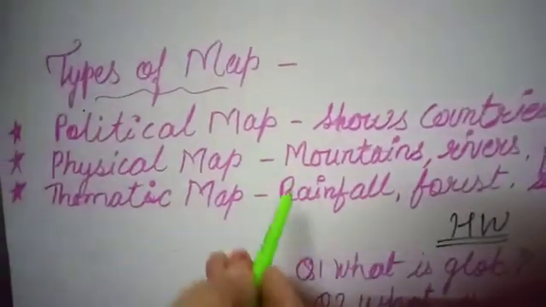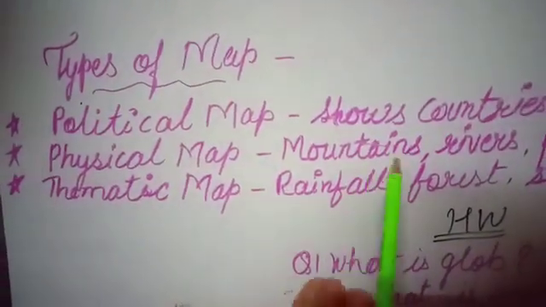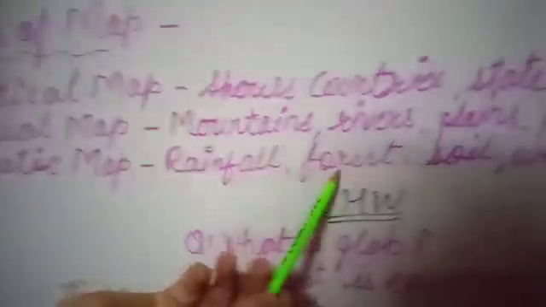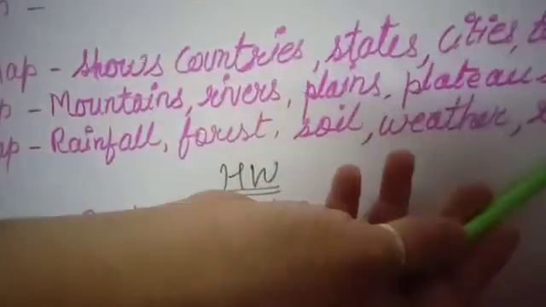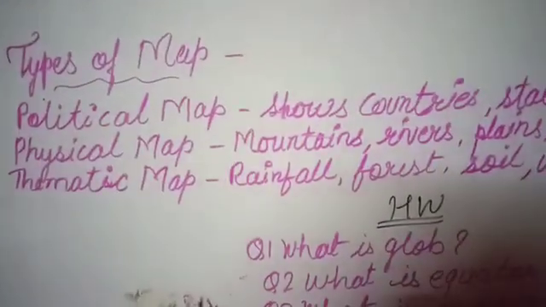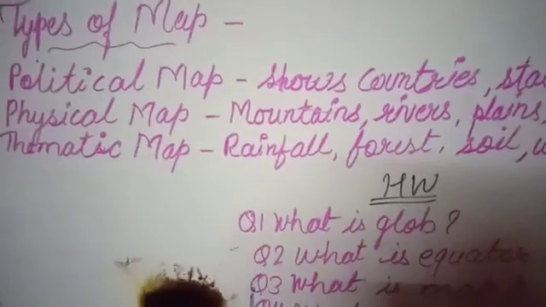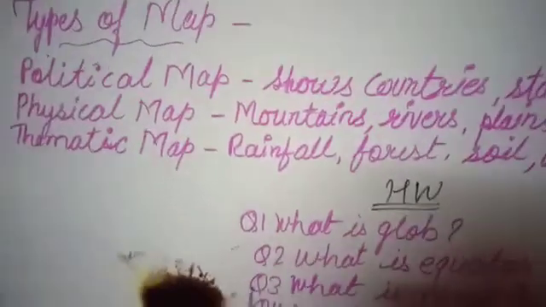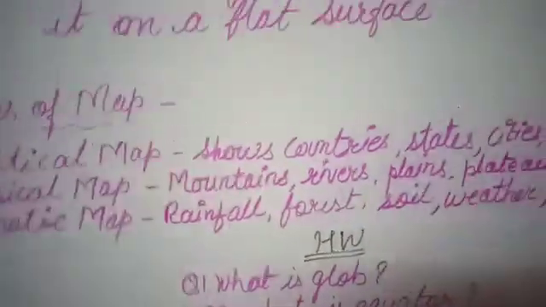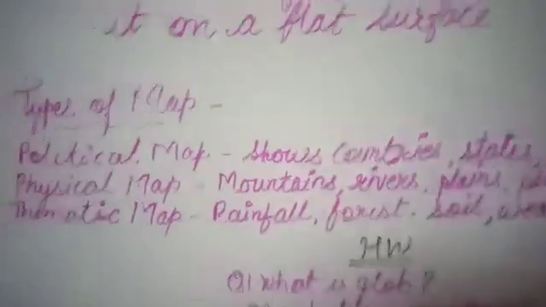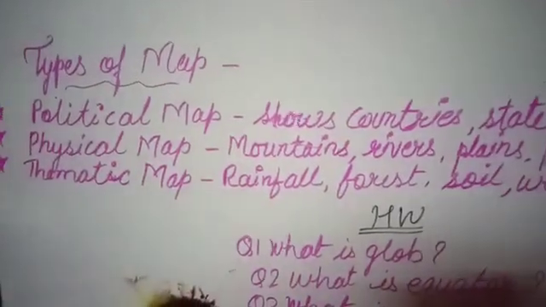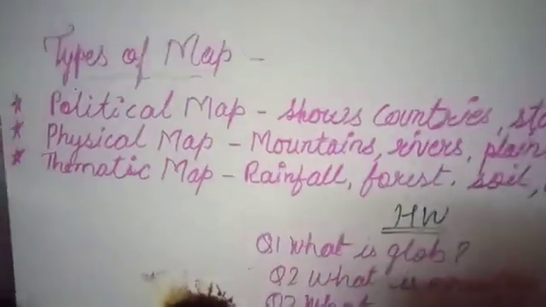It shows details about certain themes such as rainfall, forest, soil, weather, road, etc. The details are shown in the form of different symbols, words, lines or colors so that it can cover maximum information. The science of map making is known as cartography.